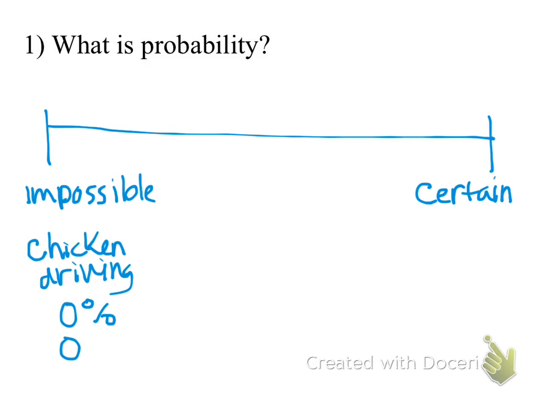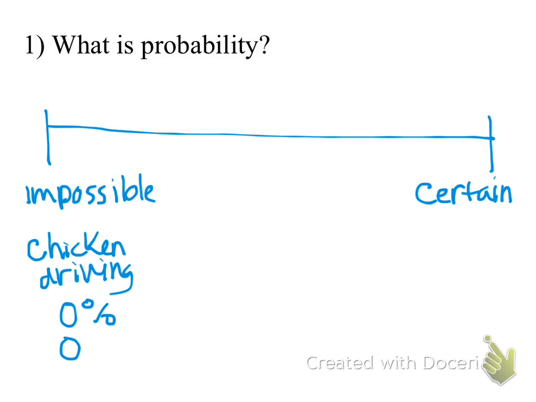So let's look at the possibility that the sun will set today. You guys, I'm recording. So, the possibility of the sun setting. We may not see it, but it will set. Because of the way that the planets work and we're rotating, the sun will set.